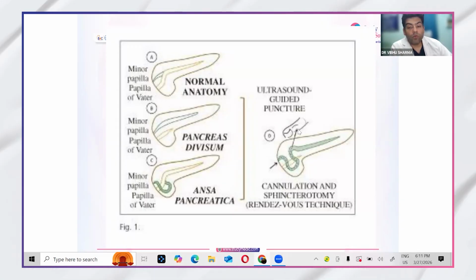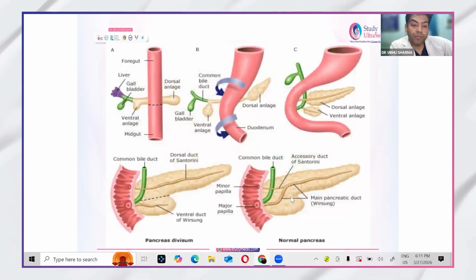Whenever you do an ultrasound guided puncture, you should always know about the pancreatic anatomy. Again, you can see the ducts from the liver and gallbladder unite with the pancreatic duct and form a common hepatopancreatic ampulla.